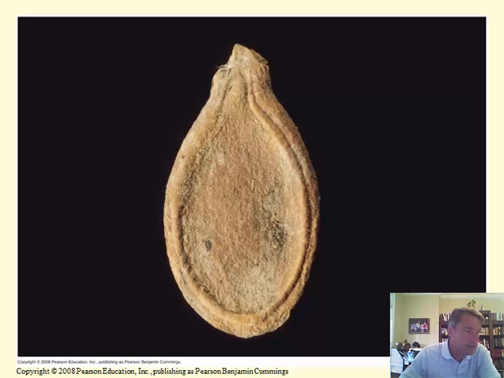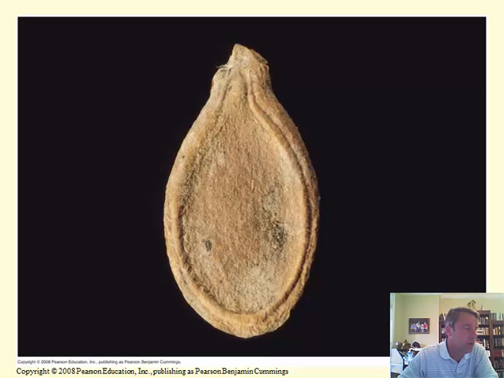Okay, our next podcast is going to look at a continuation of plant diversity. We've talked about the bryophytes, and we've talked about the vascular seedless plants that include the ferns and club mosses.